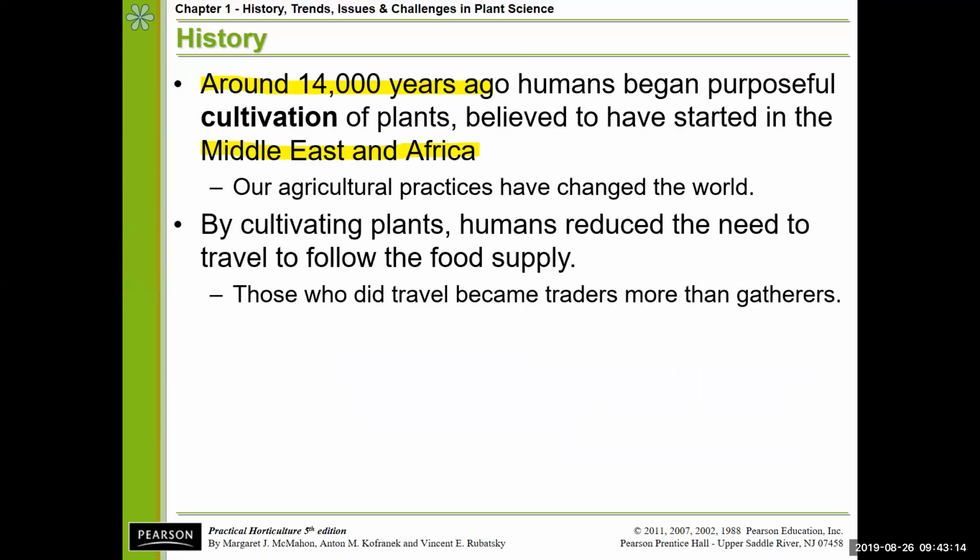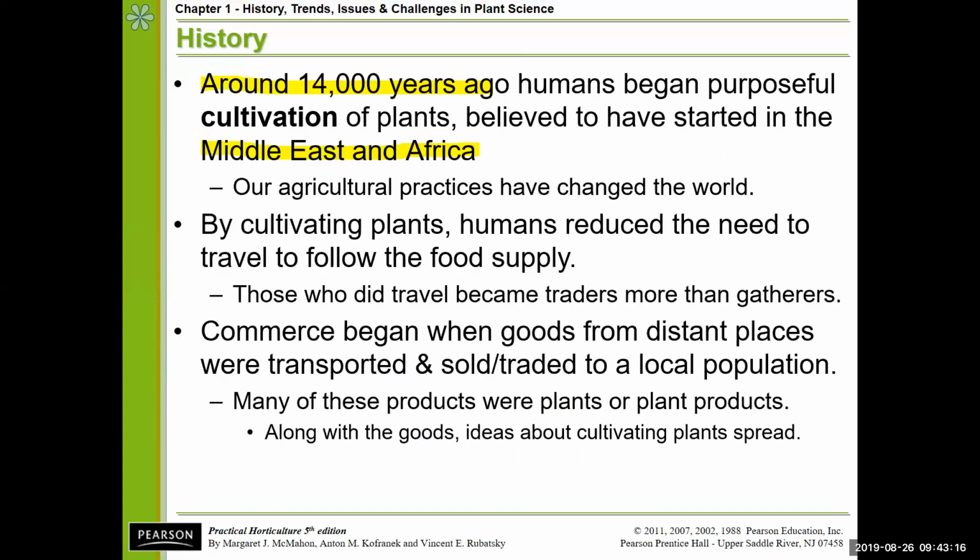The books suggest that it's about 10,000 years ago that agriculture began, but if you look a little further, some anthropologists suggest it's more around 14,000 years ago, and that it didn't happen overnight. It wasn't one single event that led to the cultivation of plants. It was many different events over time in different places.